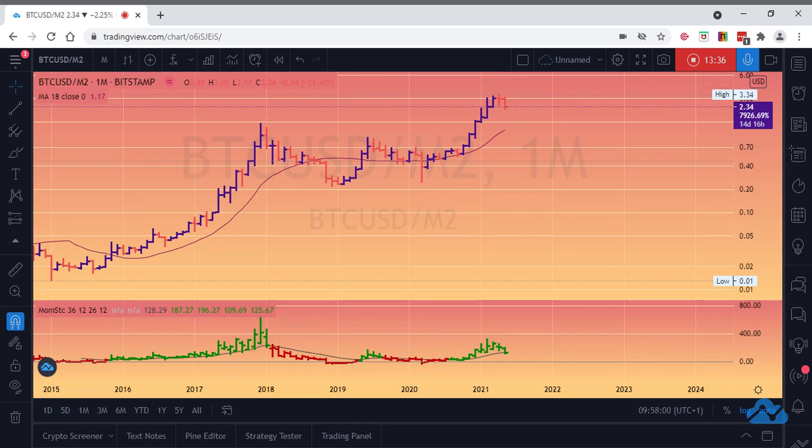Maybe say it's 100. Now you just take that 2.34 divided by 5. There you go. Make the math easy. So you've got a ratio of 0.468 against global money.